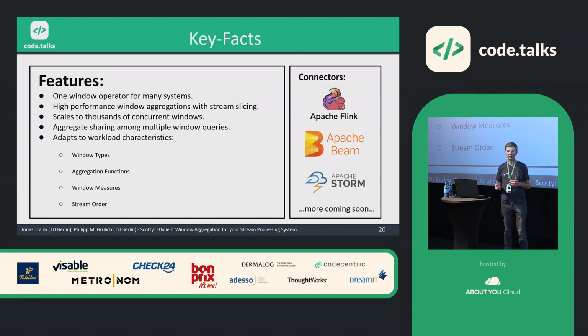And we already provide you connectors to Flink, Beam, and Storm, and we are currently also implementing more connectors where we want to bring Scotty directly to Google Dataflow, which will then enable you to have more efficient stream processing on Google Dataflow, which in the end will save you some money.